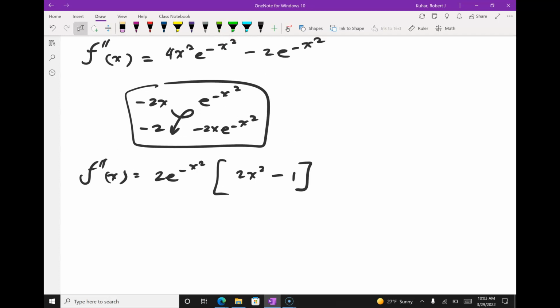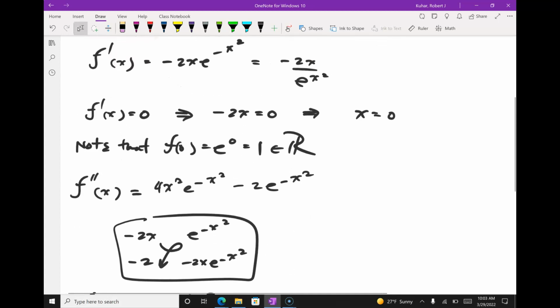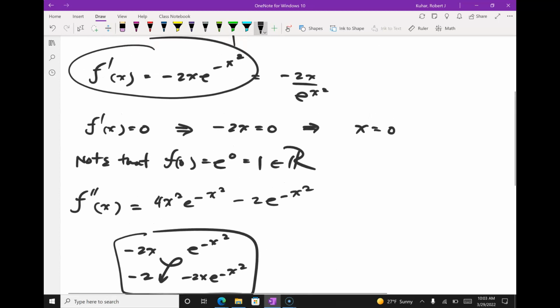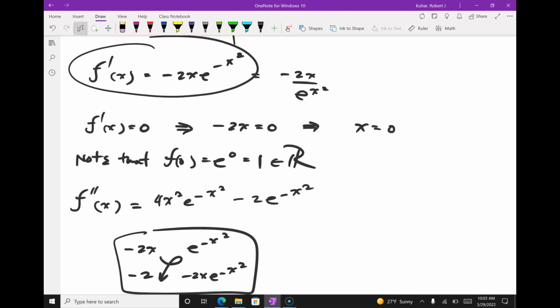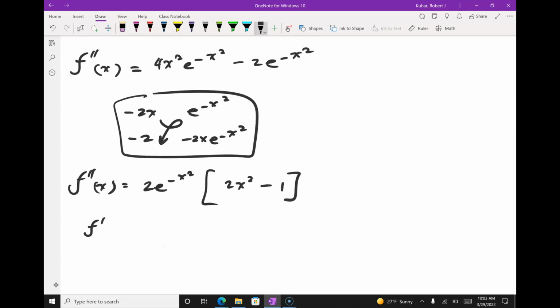Yeah? More? I mean, I just used my first derivative to get it, right? Anybody else get it? Nice. F double prime of x exists everywhere, right? But it does equal 0 a couple times.